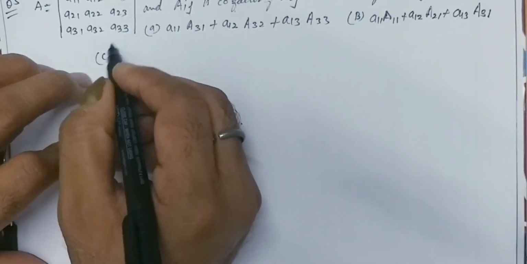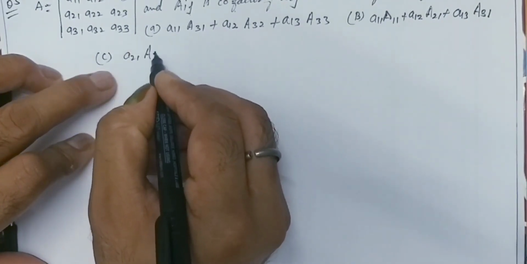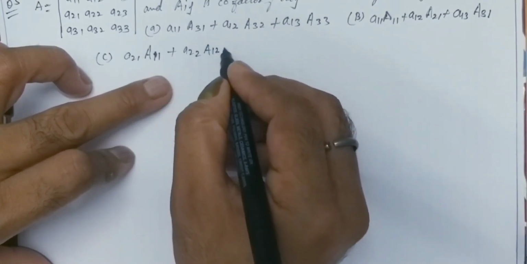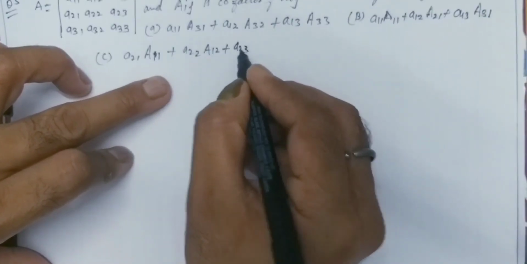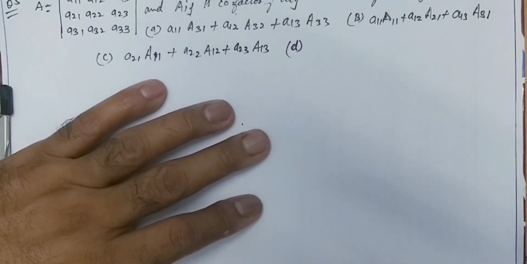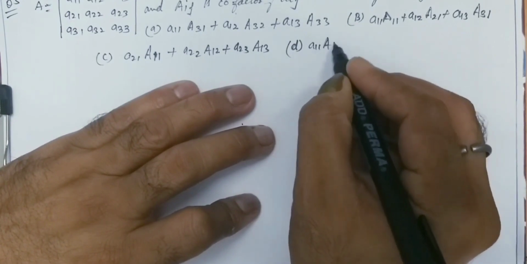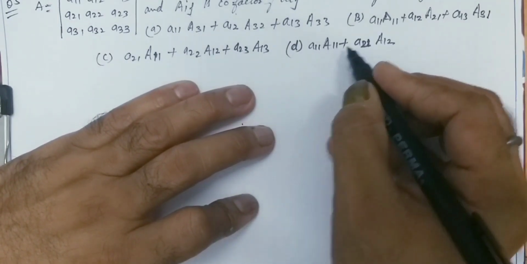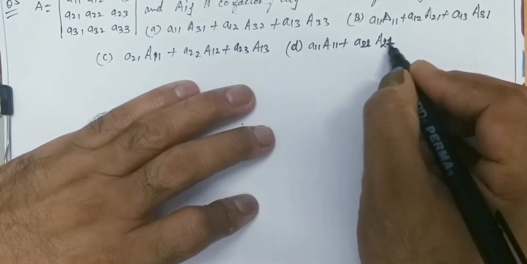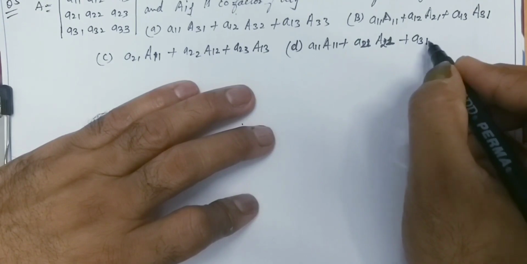Third option is a21 A11 plus a22 A12 plus a23 A13. Option D is a11 A11 plus a21 A21 plus a31 A31.